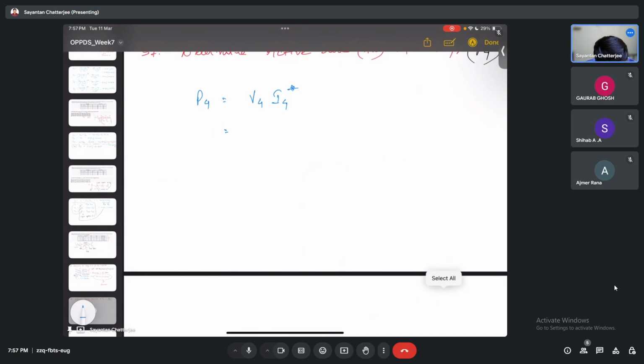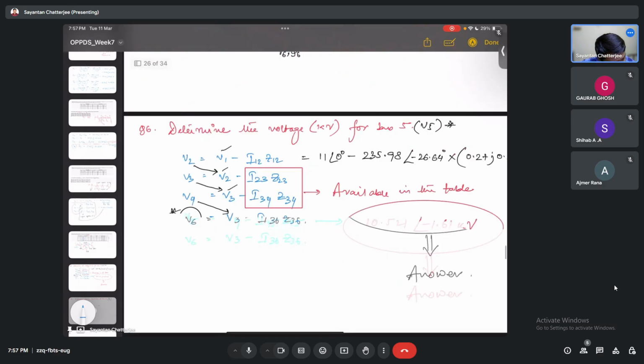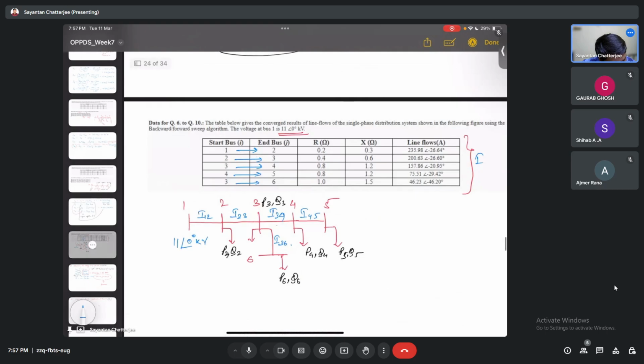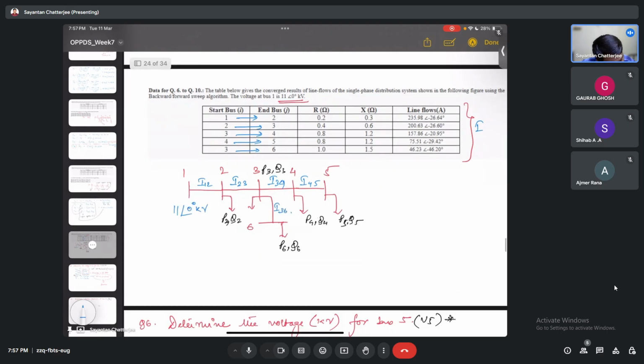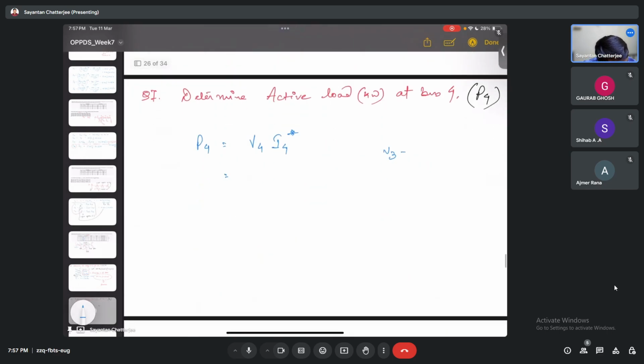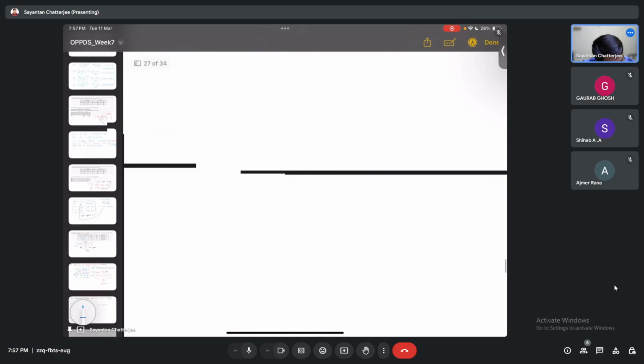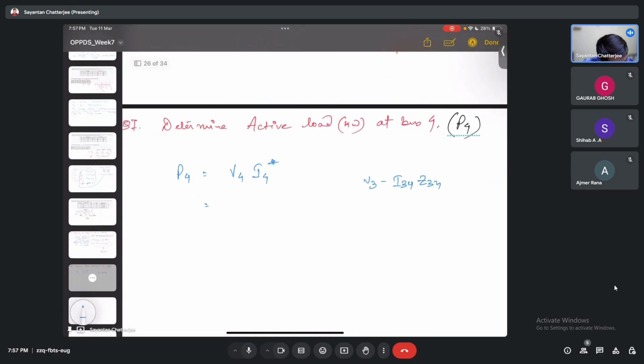V4 means V3 minus I34 Z34, but to obtain V4 we also need to calculate V3.